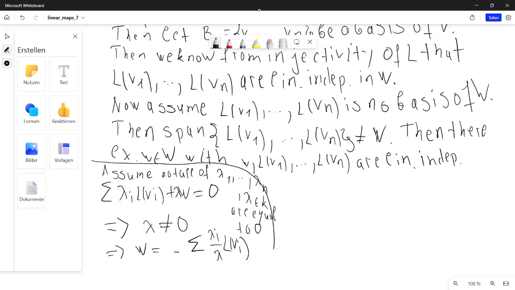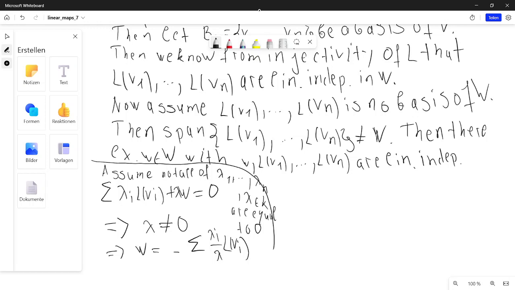The contraposition of what we have shown here would be: if W is not in this span, then those vectors are linearly independent, because here we have assumed that they were linearly dependent, right? And here we assume it is not in the span, and then those vectors would be linearly independent, right? And this is what happens here.